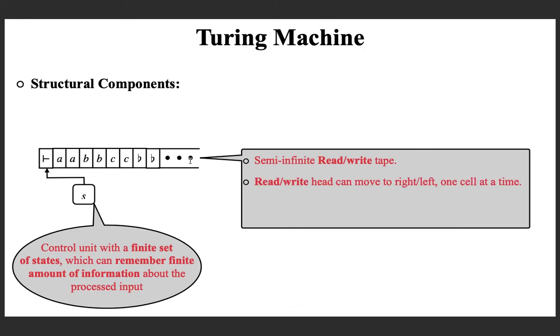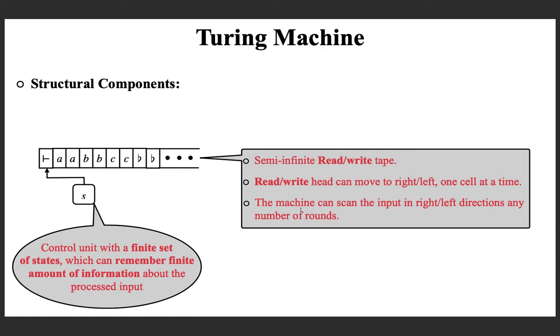And second point, same as in the case of linear bounded automaton, you can move your read write head either to the right or to the left, but left movement is not allowed if you are already in the leftmost cell. The machine can scan the input any number of rounds by moving left and right. These two points are the same as those of the linear bounded automaton.